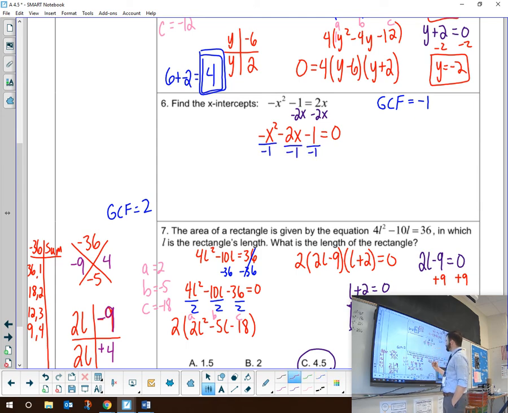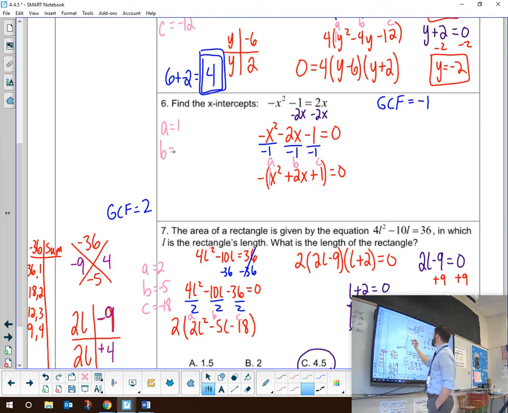So my new equation is going to be negative x squared plus 2x plus 1 equals 0. And then we go about labeling it. This is my A, this is my B, this is my C. So your A is 1, your B is 2, your C is 1.